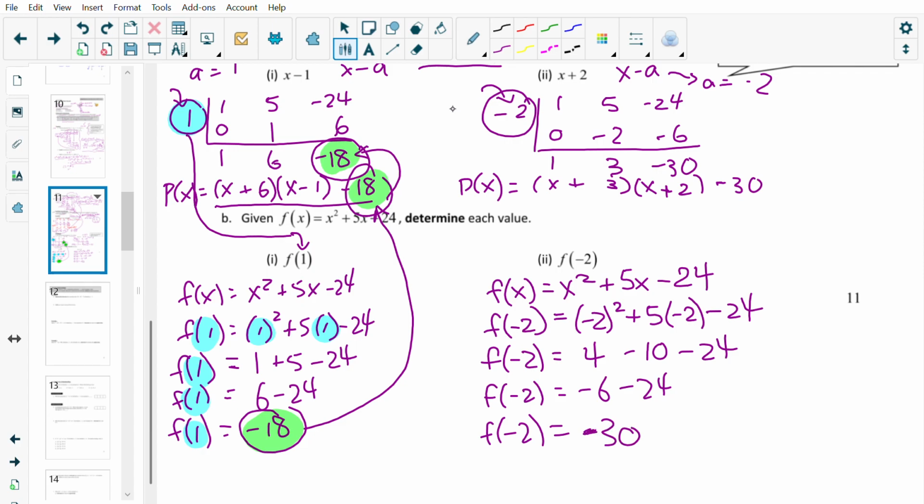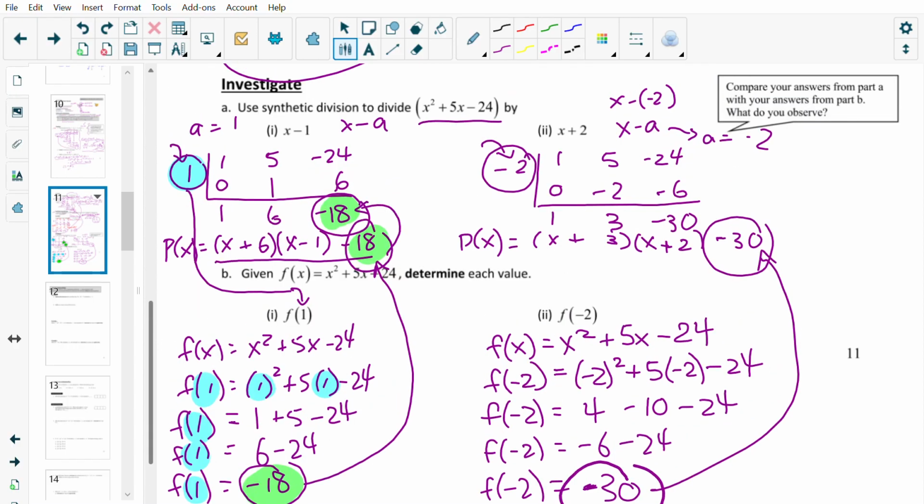Okay, let's look at some patterns here. Negative 30. Look at that. That's our remainder, negative 30.